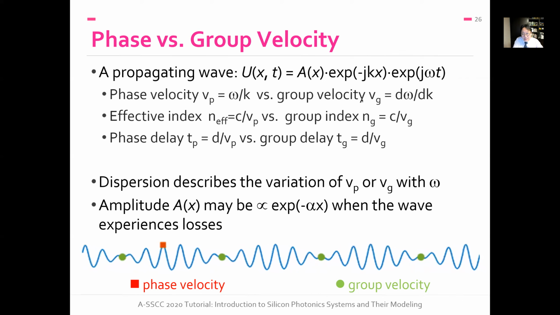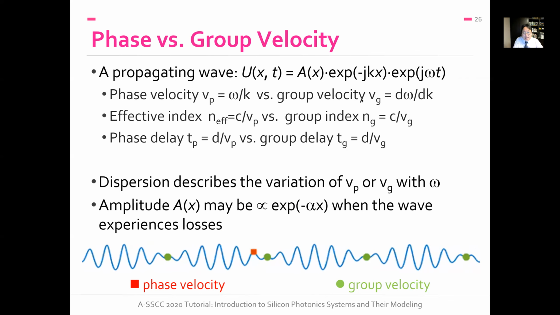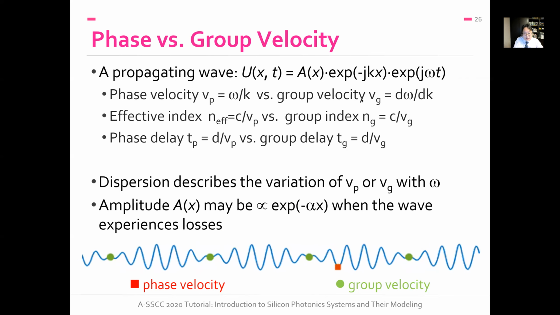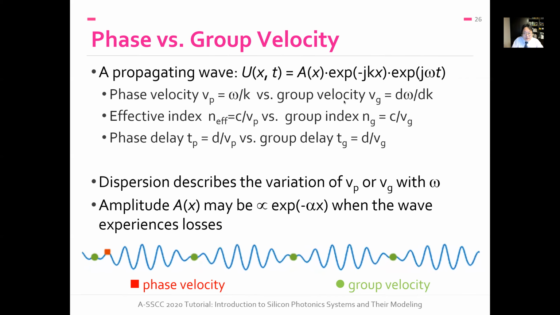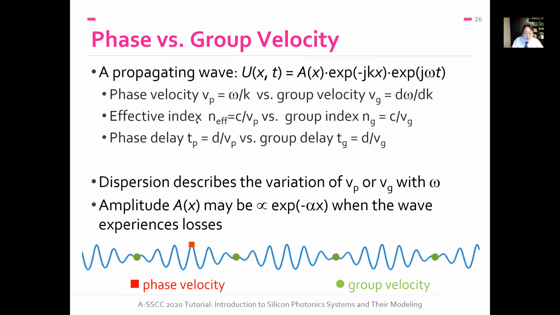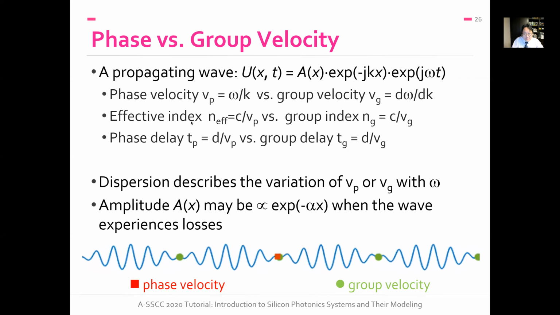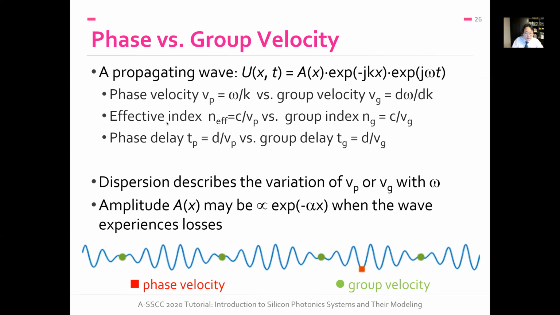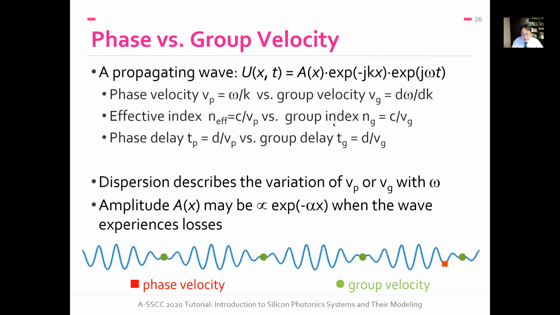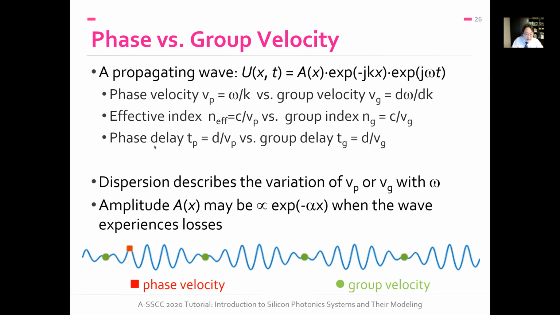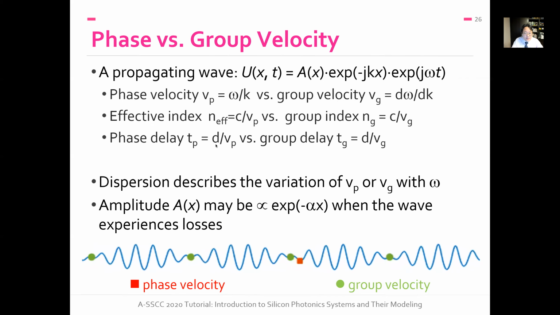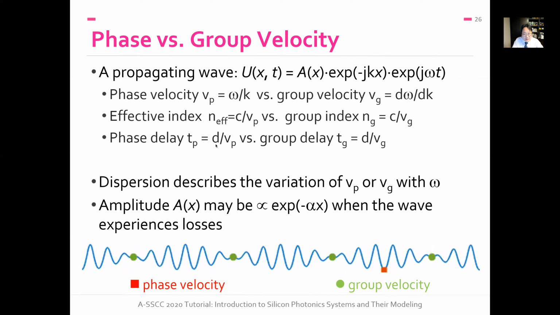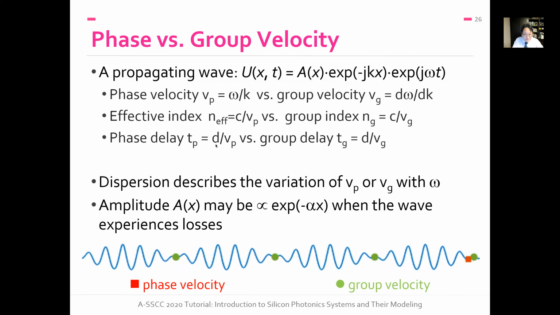So this group velocity is actually the speed at which the information propagates. Based on these two different velocity definitions, you can also have two different definitions for refraction index, which are called effective index and group index, as well as delays, phase delay and group delay. They're all derived from the phase velocity and group velocity, respectively.